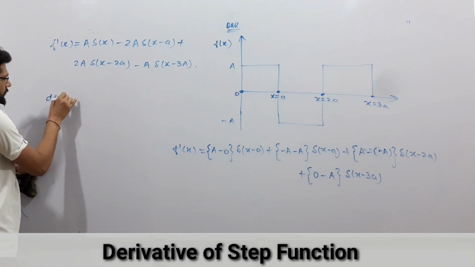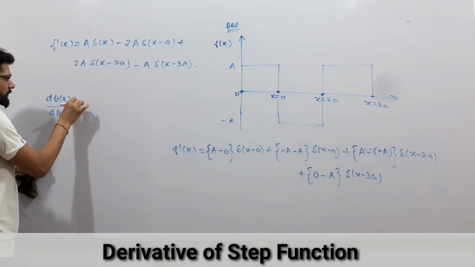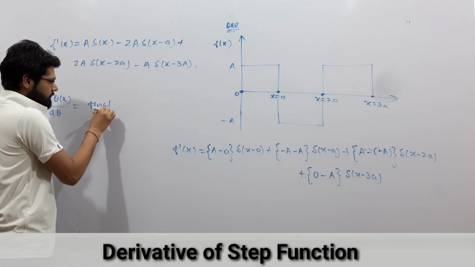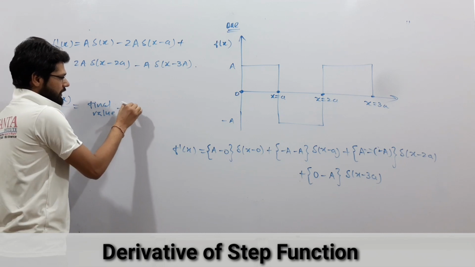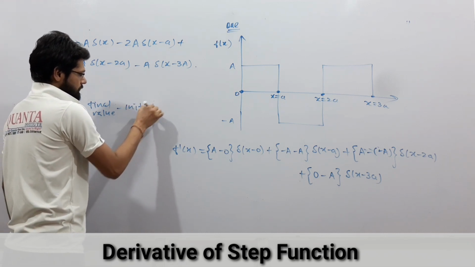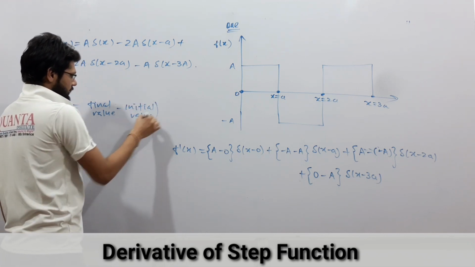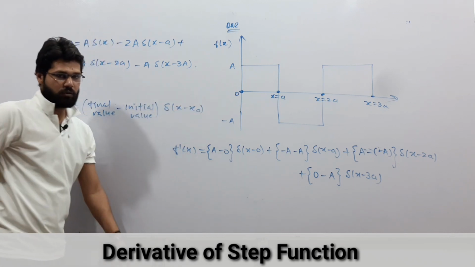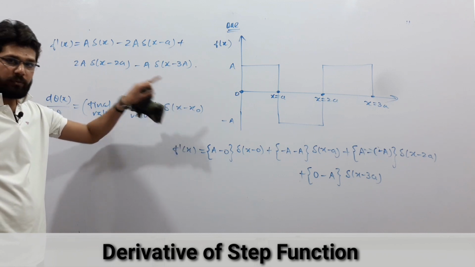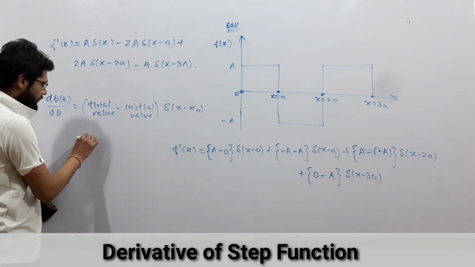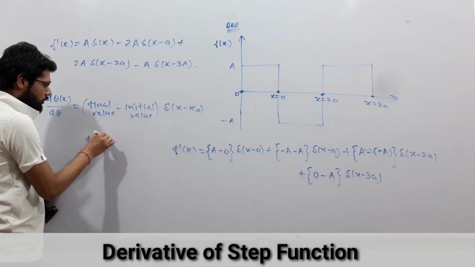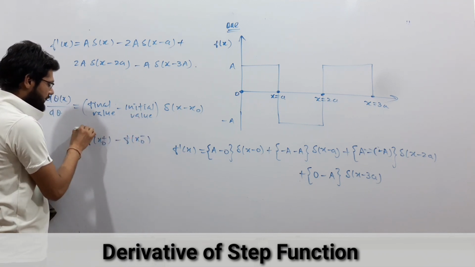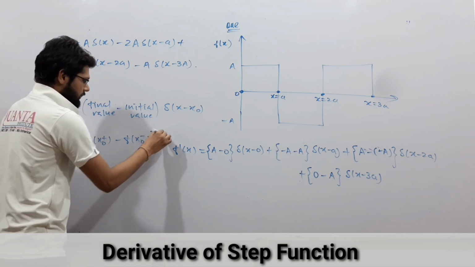The derivative of the theta function or step function will be final value minus initial value into delta of x minus x naught. X naught is the point of discontinuity, and the final value is f of x naught plus and the initial value is f of x naught minus. So you can write it in this way.